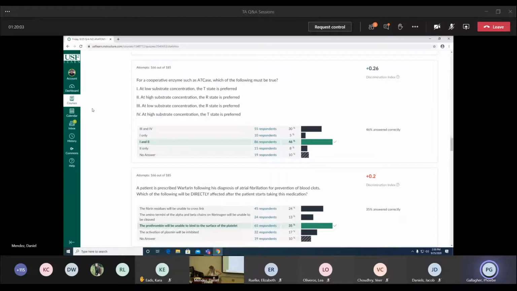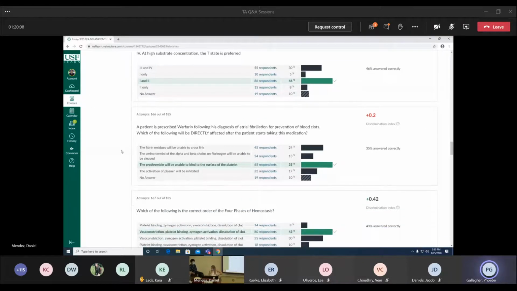So for the next question, a patient is prescribed warfarin following his diagnosis of atrial fibrillation for prevention of blood clots. Which of the following will be directly affected after this patient starts taking this medication? So remember that warfarin is going to be a vitamin K antagonist. And you have to know that vitamin K is a cofactor for the reaction that makes gamma carboxyglutamate.